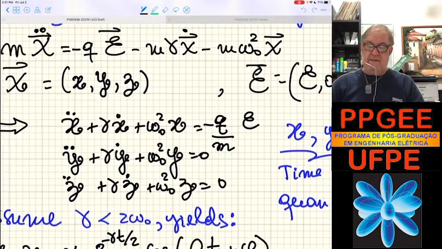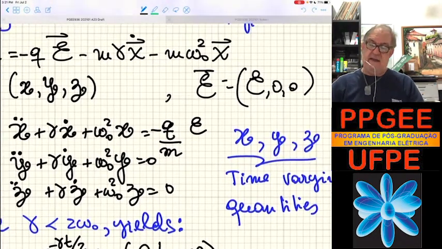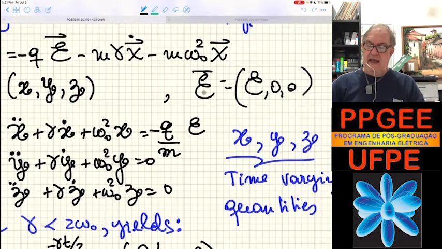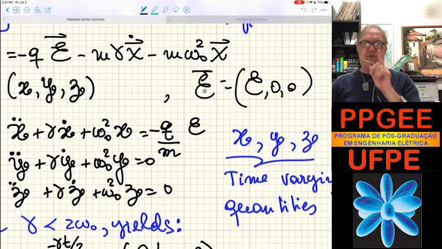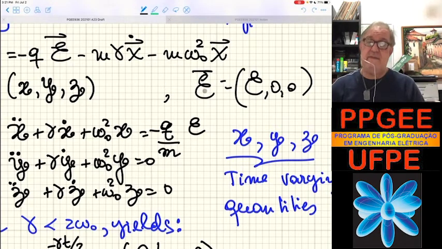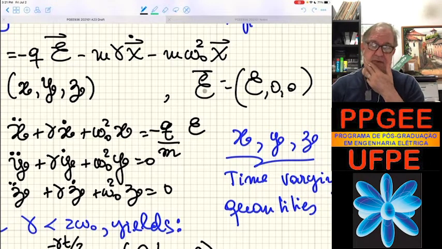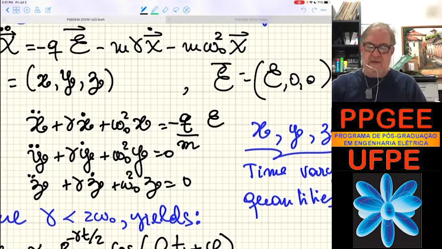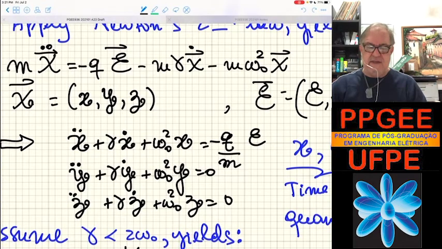The E field. So X has 3 components in Cartesian coordinates. Let's assume that the E field is applied in one direction. The system is isotropic and linear, so we don't have any nonlinearity here. We can break down this vector equation into 3 equations.